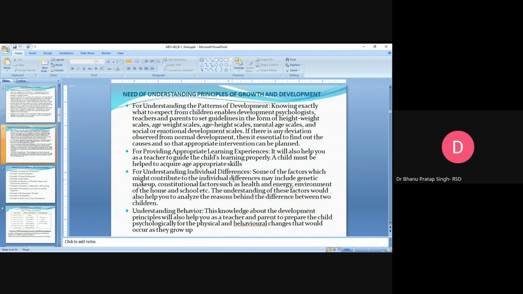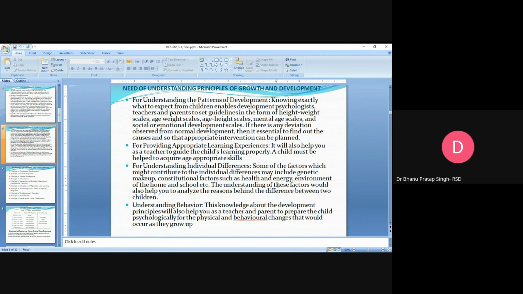And next is understanding behavior. This knowledge about the development principles will also help you as a teacher and parents to prepare the child psychologically for the physical and behavioral changes that occur as they grow up.